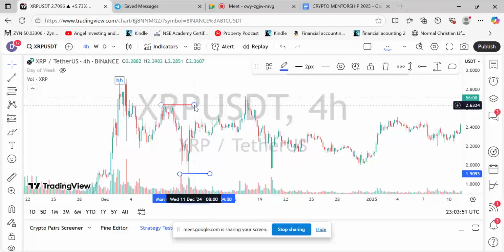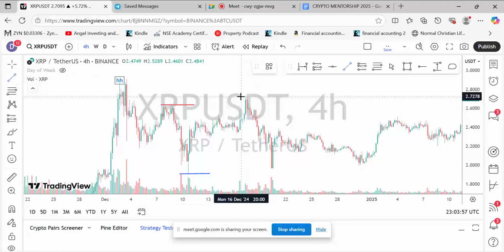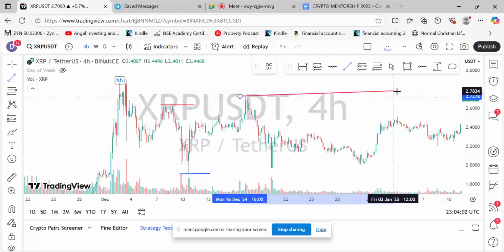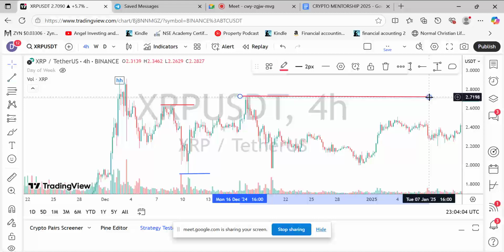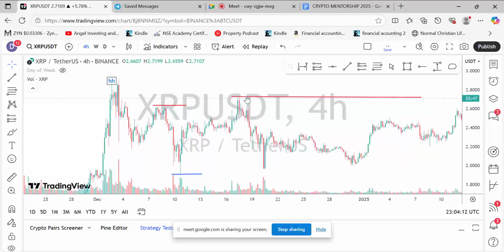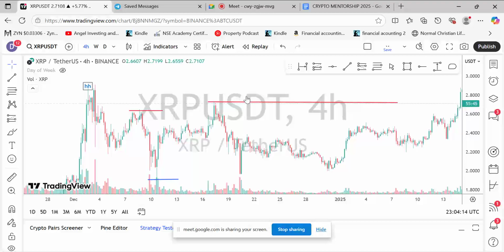Because they have pushed above the resistance line, you draw this place now. So there is a new sell gate around here. You see that? You draw it. Now when the market has broken this structure here, you draw this sell gate here, just draw it.